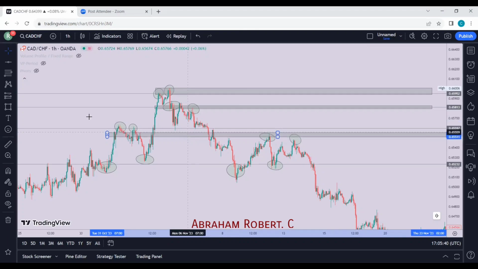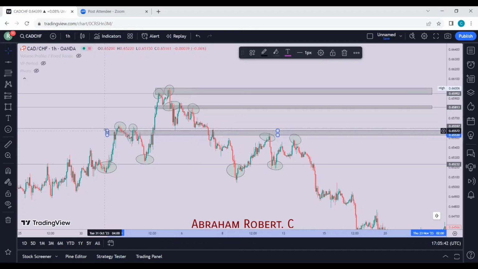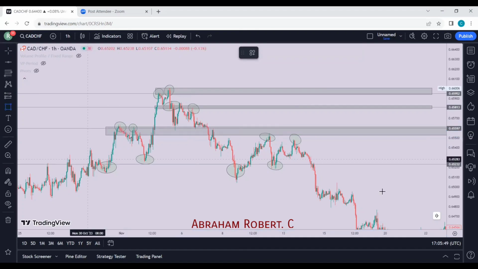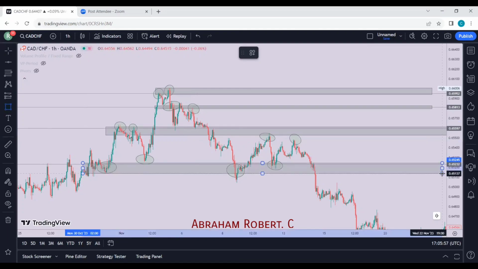You can make it one zone, just expand your rectangle. Okay. Now, all this can be a zone.